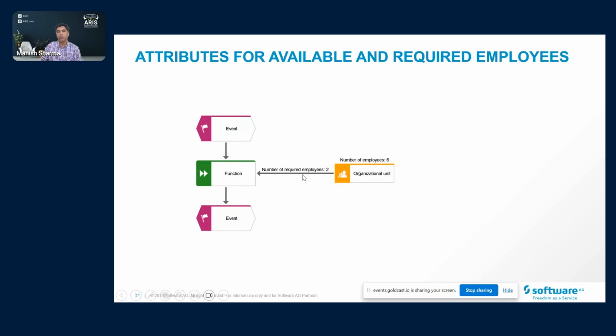Then, as part of the attributes of this connection, you can maintain the number of people available to carry out this task. Out of that pool of 6 people, two can perform it. So these are options that are available to make the process as close to real world as possible.